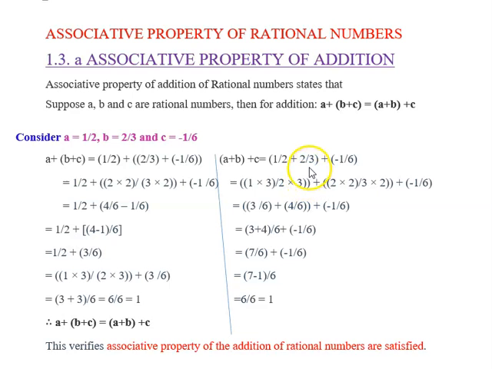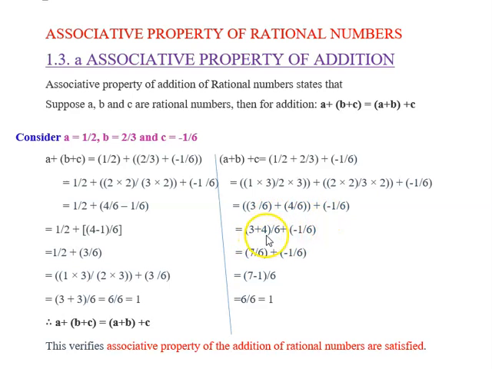And to make the B denominator common, we are multiplying with 2 in the numerator and 2 in the denominator, so 2 times 2 divided by 3 times 2. So 1 times 3 is 3 divided by 3 times 2 is 6, and 2 times 2 is 4 divided by 6. So 3 by 6 plus 4 by 6. The denominator 6 is common.